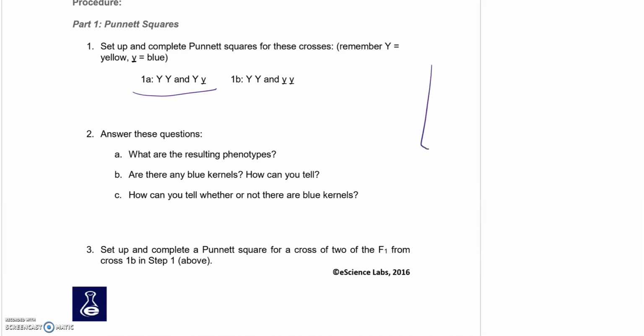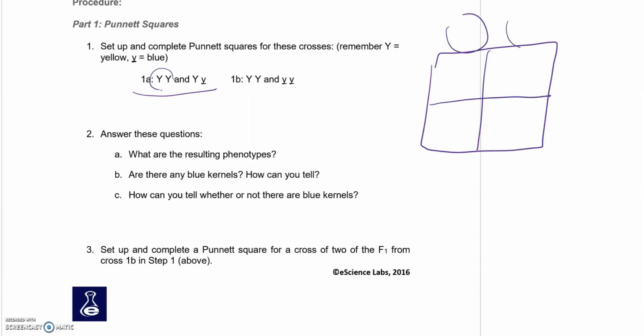Okay, so we'll create a Punnett square here. One parent, right? So this portion up here represents the gametes that are possible for that parent. That parent only has one allele that can be a possible gamete. Okay, the other parent actually has two different alleles for each of their gametes.